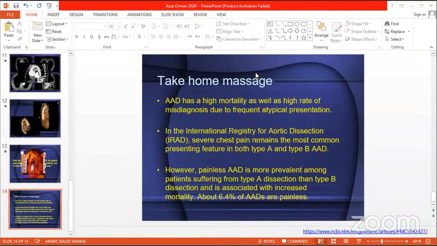This is an example of how serious the complications of uncontrolled hypertension could be in patients, even if they are asymptomatic.